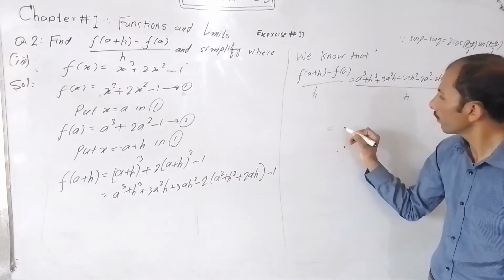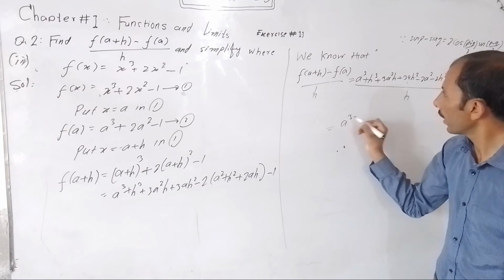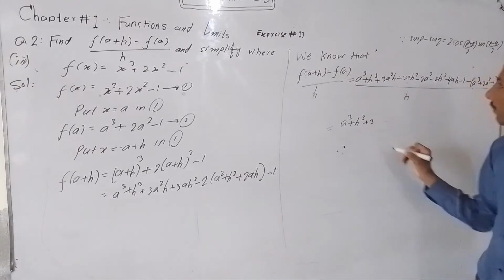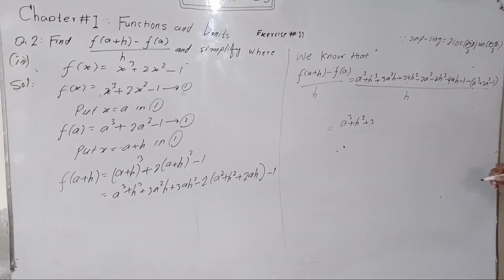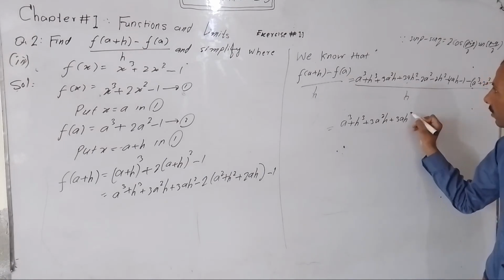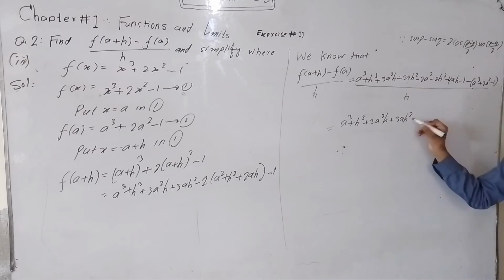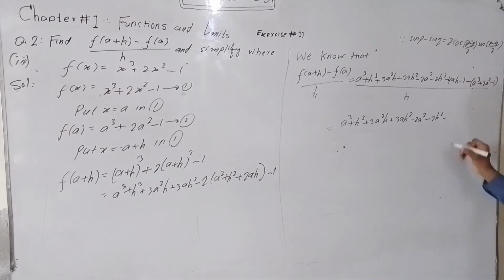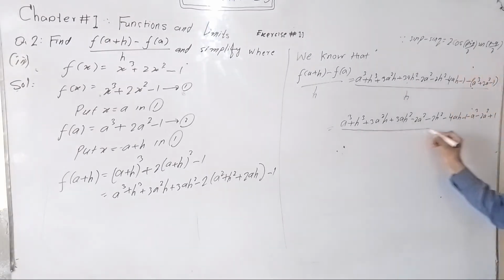is equal to a cube plus h cube plus 3a square h plus 3ah square minus 2a square minus 2h square minus 4ah minus 1 minus a cube minus 2a square plus 1, all divided by h.